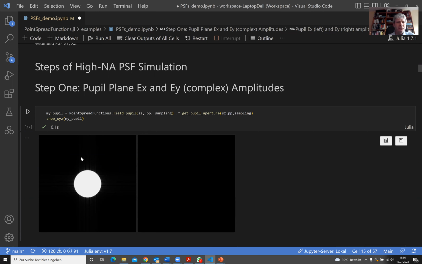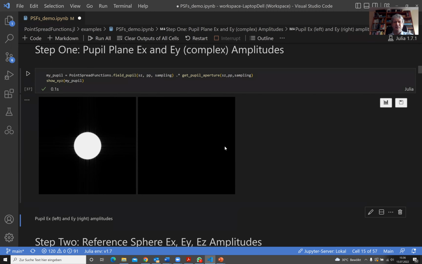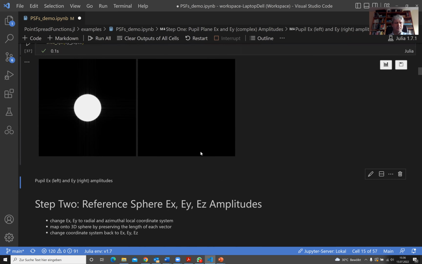And what you see also here is that there are two pupils. One is the X polarization and one is the Y polarization. In this particular case, as you saw before, we have specified an X only linear polarization. That's why there is no Y polarization here. So it's 1 within the pupil and 0 outside, and of course 0 for the Y polarization here.